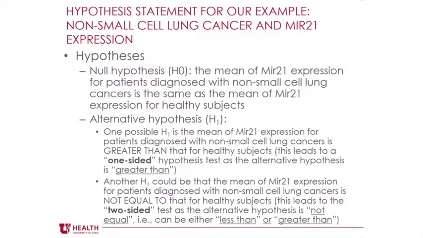Another type of alternative hypothesis, H1, could be that the mean of MIR-21 expression for patients diagnosed with non-small cell lung cancer is not equal to that for the healthy subjects. This will lead to a two-sided test, as the alternative hypothesis is not equal.